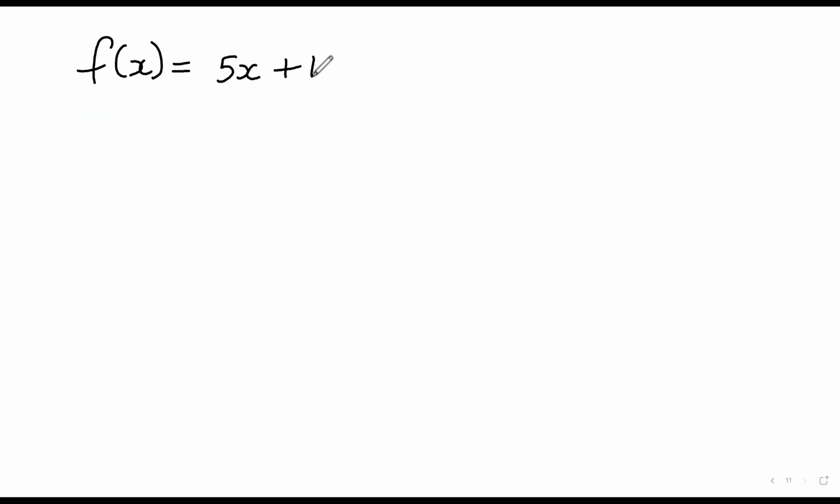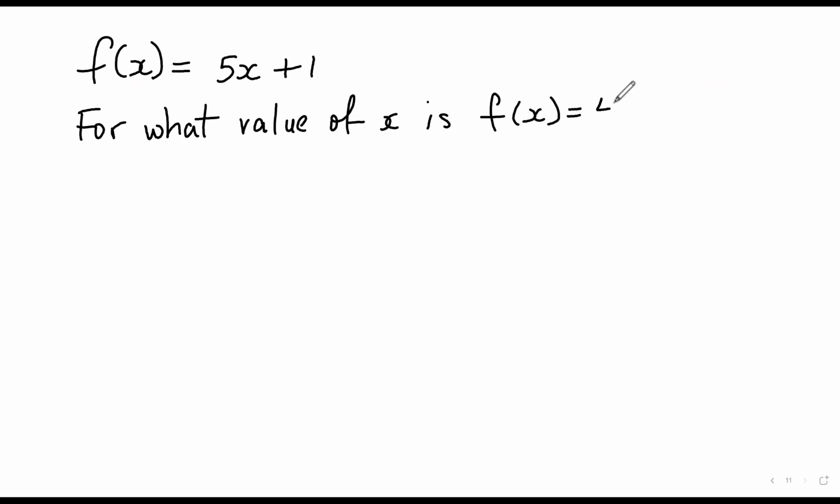All right. And I want to know for what value of x is f of x equal to 41. Right? So I want to know what value of x gives me 41 when f of x is equal to 5x plus 1. So do you remember the steps, Latina, that we need to do to begin to solve for x?